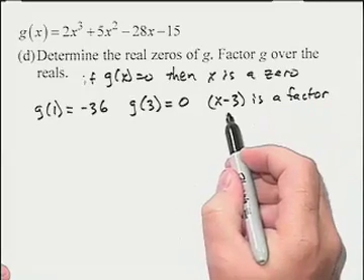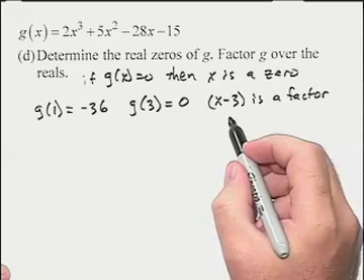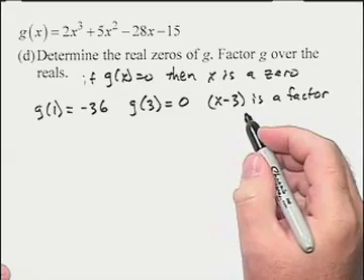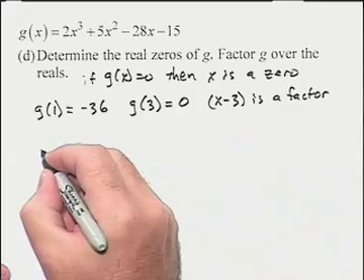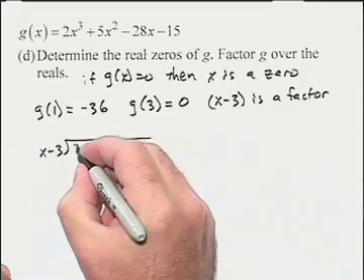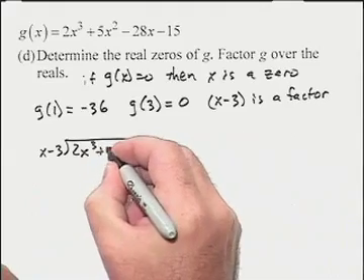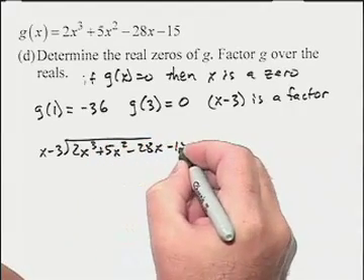Since x minus 3 is a factor of g, we can divide g by x minus 3 and get a reduced polynomial. To do that, we need to use long division. We're going to take x minus 3 and divide into 2x cubed plus 5x squared minus 28x minus 15.